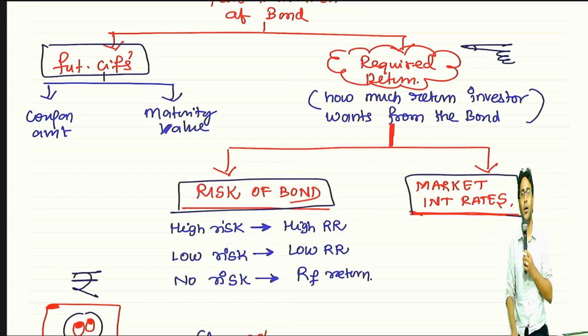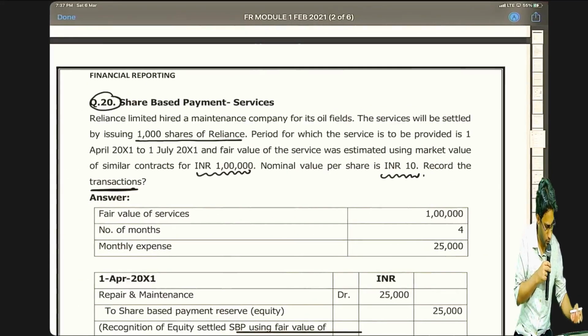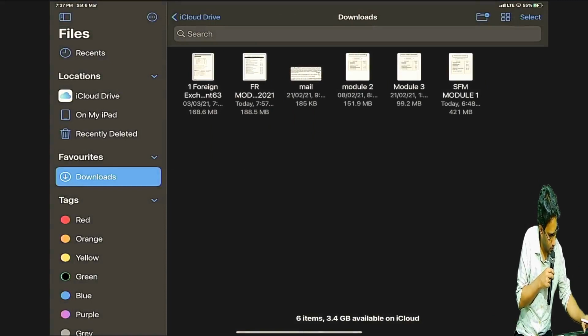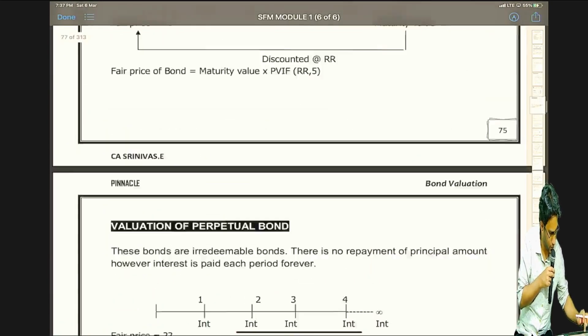Over. Now we have to do some questions and get more clarity on what you have learnt. Before we go into the questions, some theory is there in the material. Let's together read that. It will be a kind of revision for us.